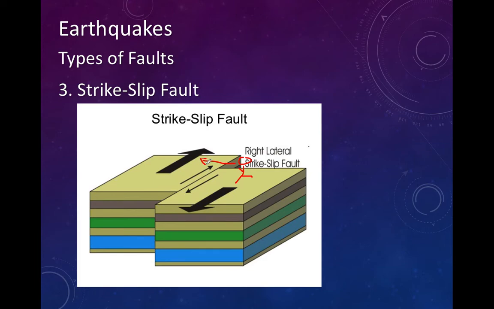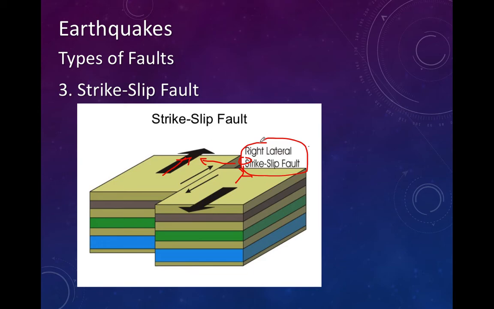And what you want to do is look at what direction the other side moved compared to you. In this one, you can see that it moved to your right. So that makes it a right lateral strike-slip fault. And so you can imagine that a left lateral strike-slip fault is just the opposite.